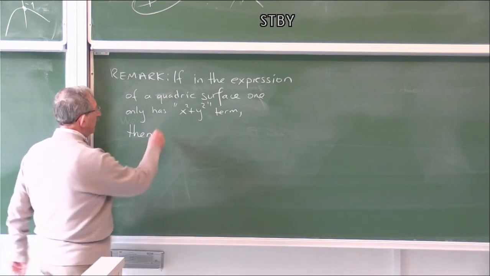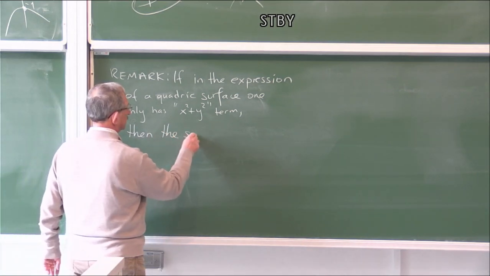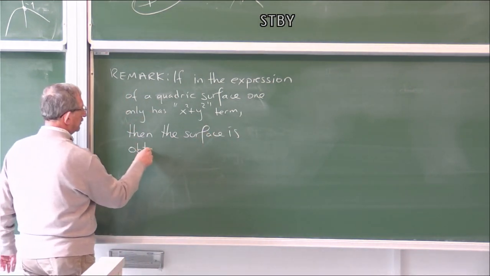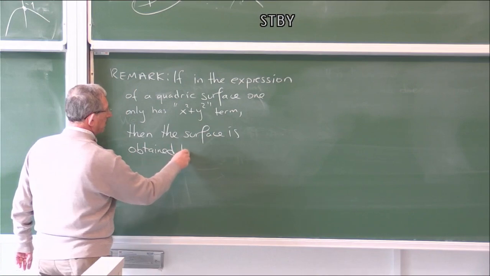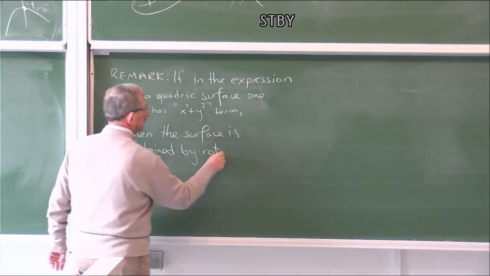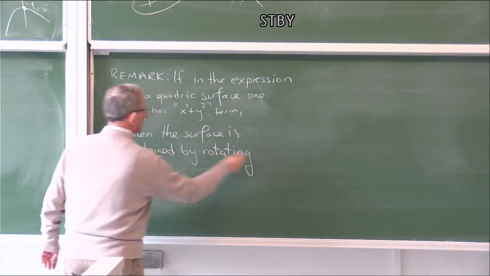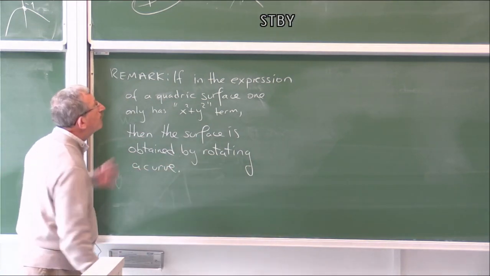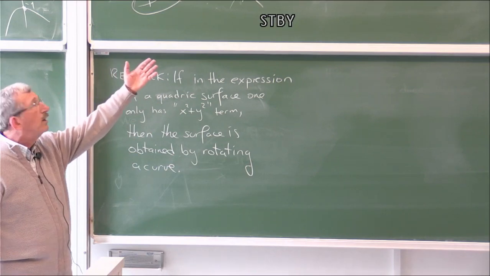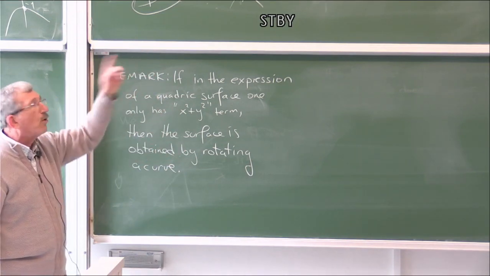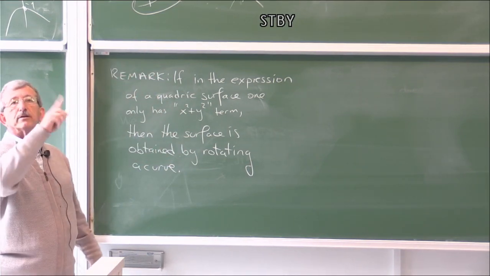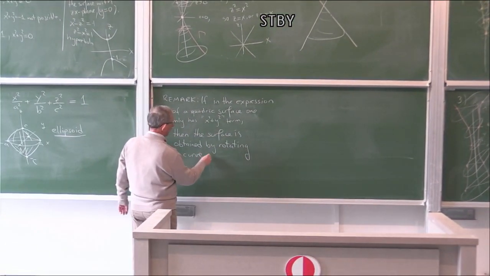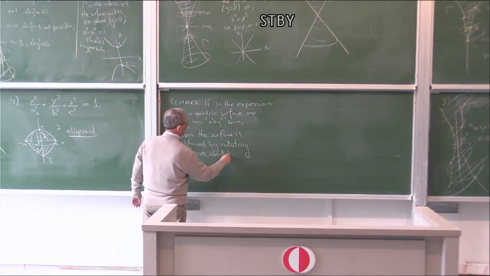Then the surface is obtained by rotating a curve. For instance, in the case of a cone, take a straight line through the origin and rotate it around the z-axis.